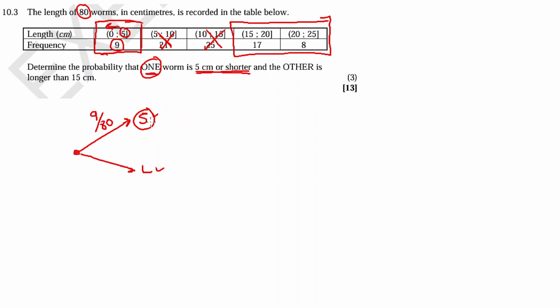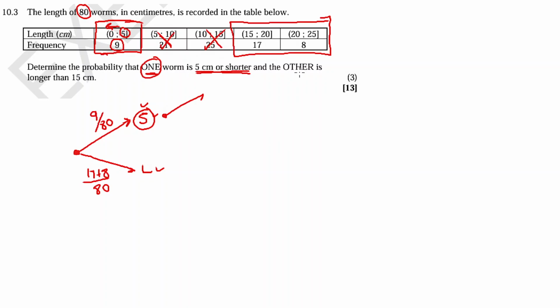But what is the probability of getting the shorter one and the longer one? The shorter one is 9 over 80. Choosing the longer one, it's going to be 17 plus 8 over 80, right? And then the probability of choosing another one, the probability that one worm is in the other.